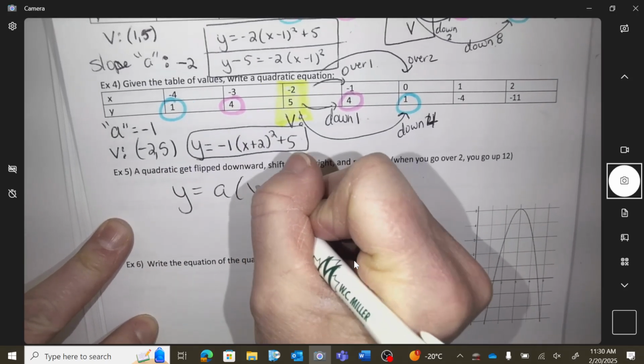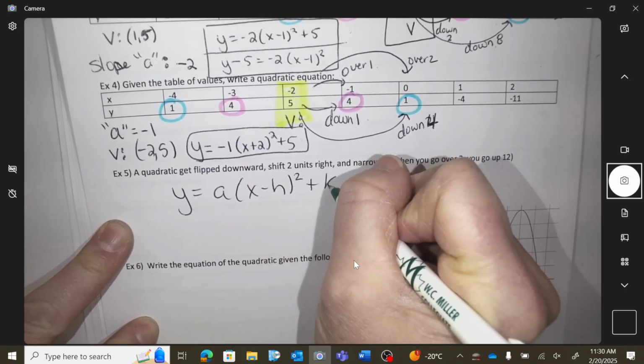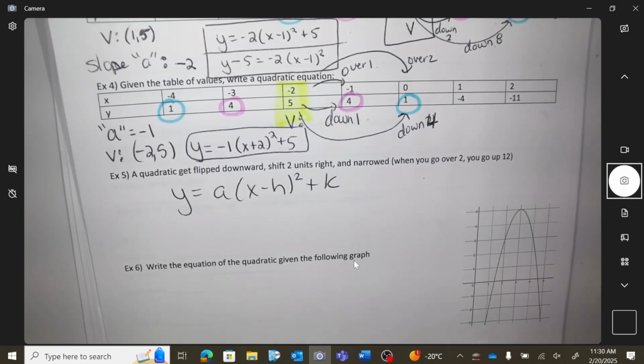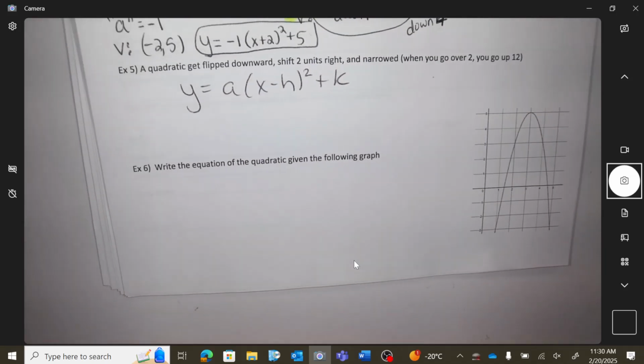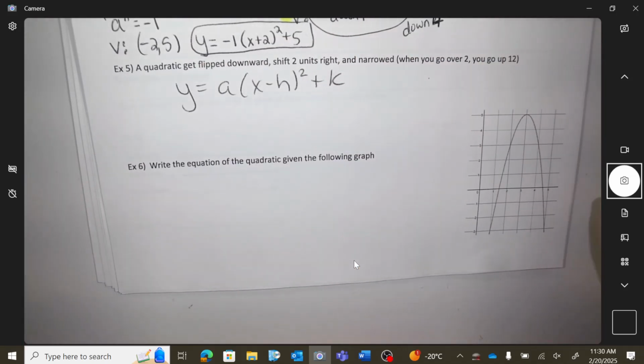Okay, can you write this out for me on this next one? Transformation form, because I can see flipping, shifting right. I'm going to talk about transformations here.